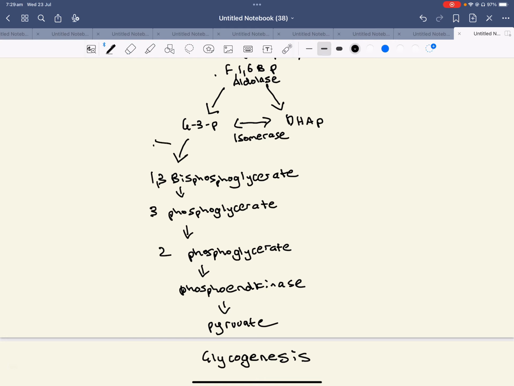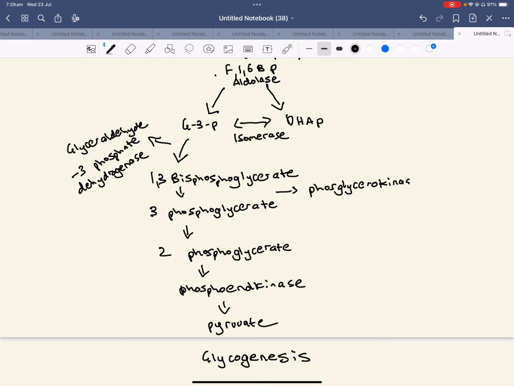This enzyme here is called glyceraldehyde 3-phosphate dehydrogenase. Okay? This enzyme here is called phosphoglycerokinase.